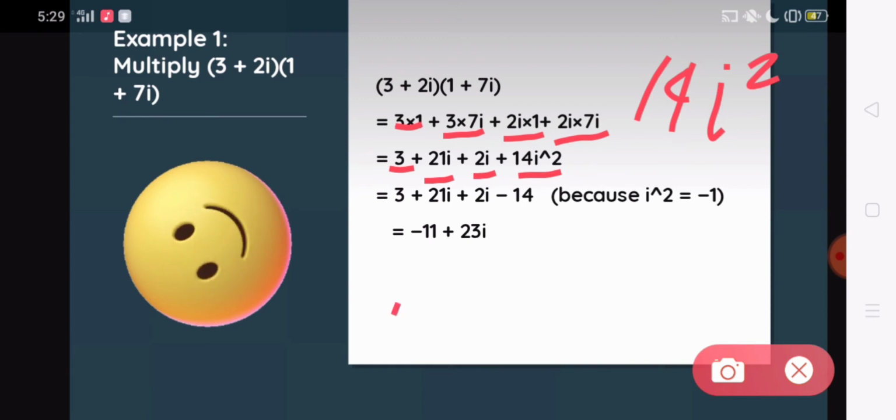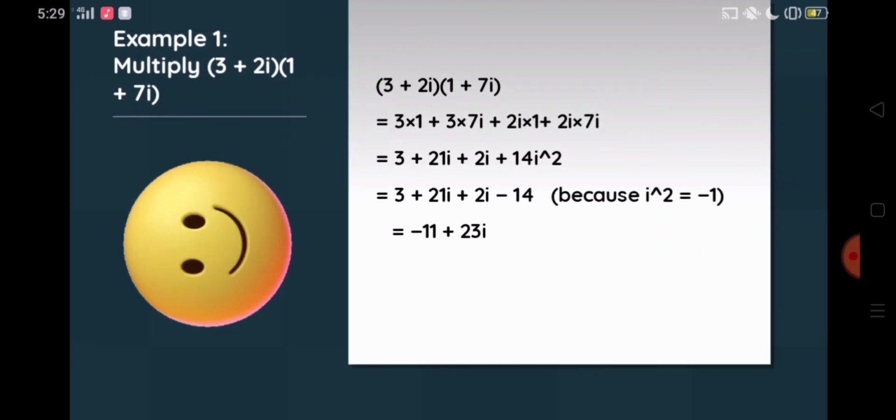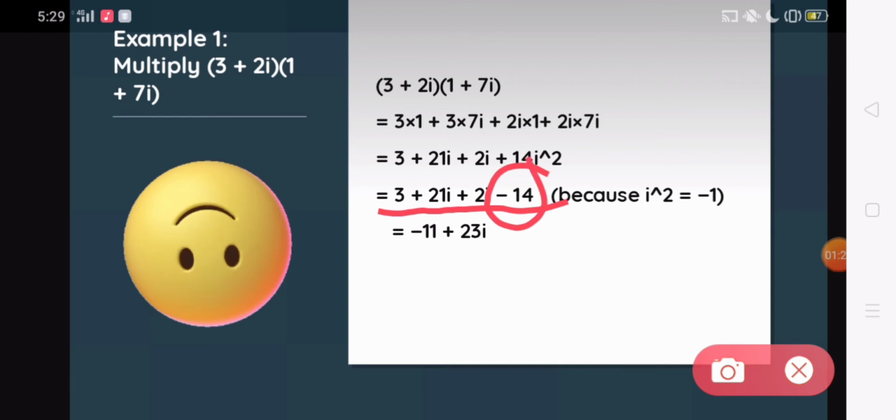And remember, if we have i squared, it is equivalent to, yes, negative 1. So 14 multiplied by negative 1 is negative 14. That is why we come up with this negative 14 here.